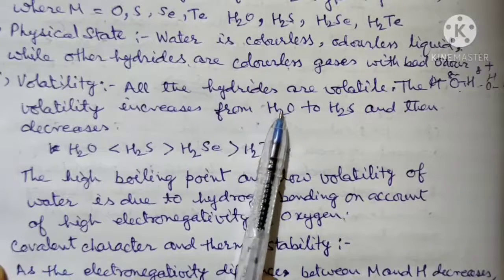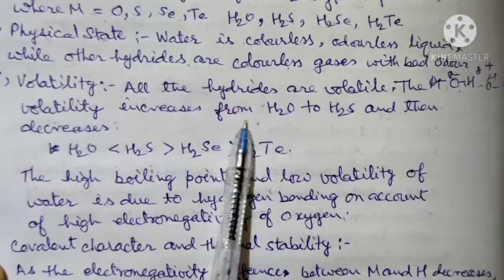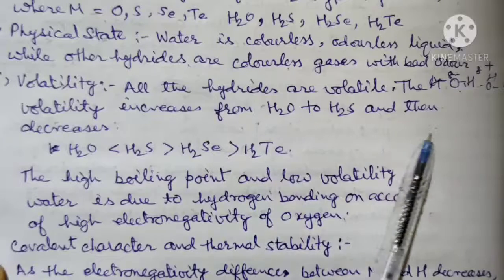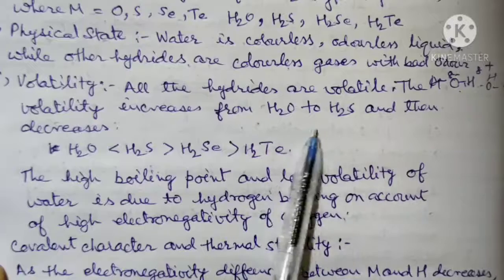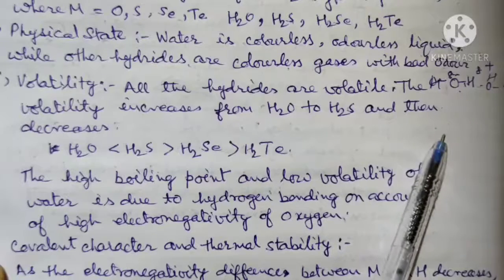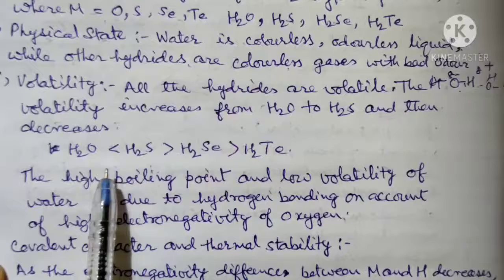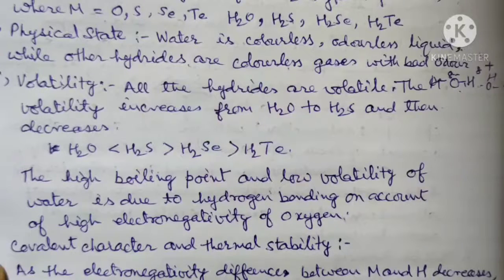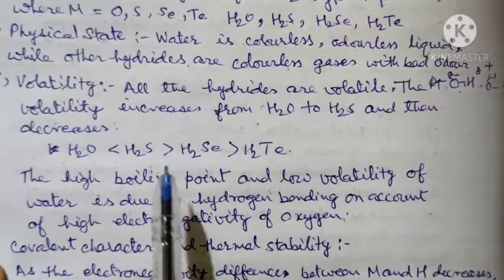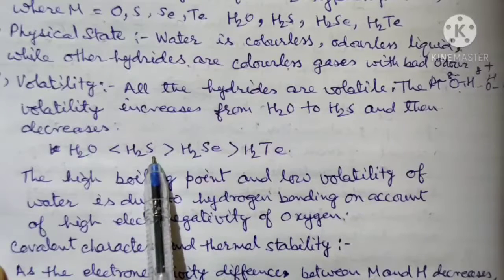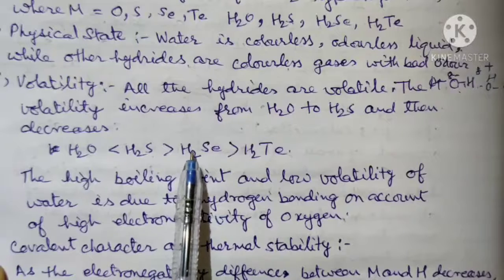Then when you move from oxygen to sulfur to tellurium, the volatility decreases, and this is due to the increase in the E-H bond length, the bond between the hydrogen and these elements. So this is the reason for the volatility.